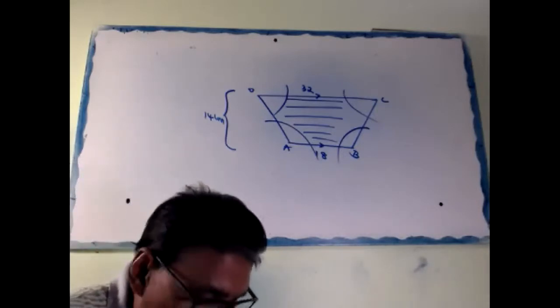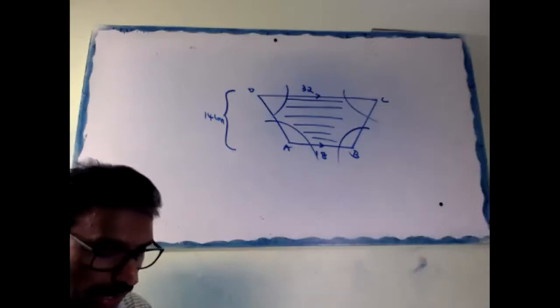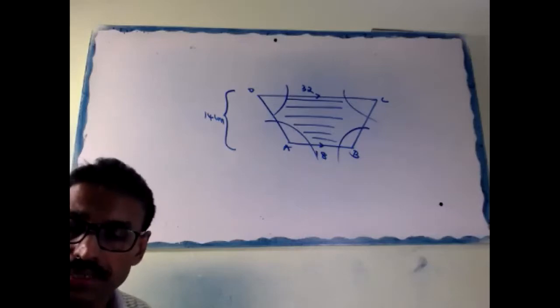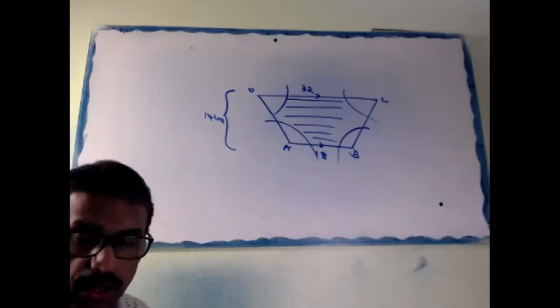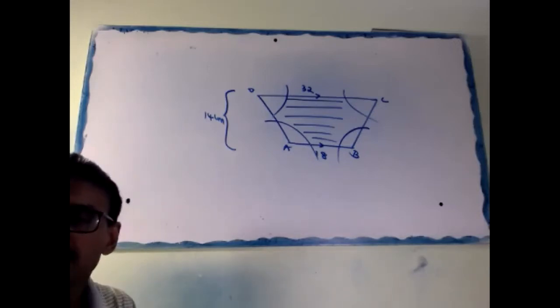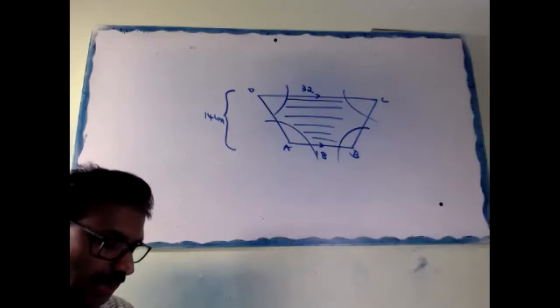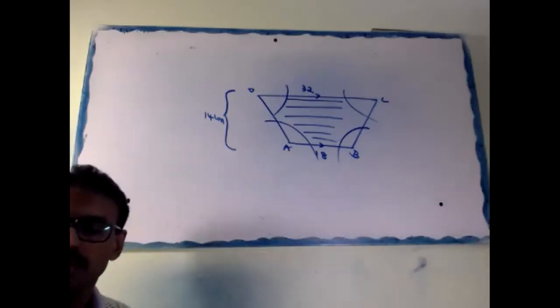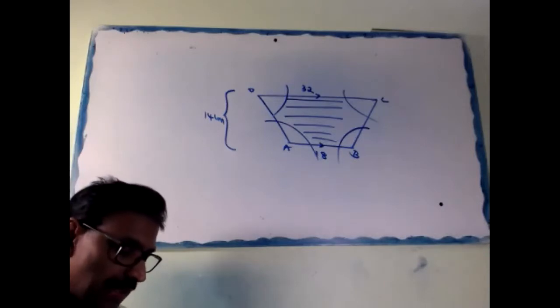If arcs of equal radii 7 centimeter, taking A, B, C, D as centres, have been drawn, find the area of the shaded region.